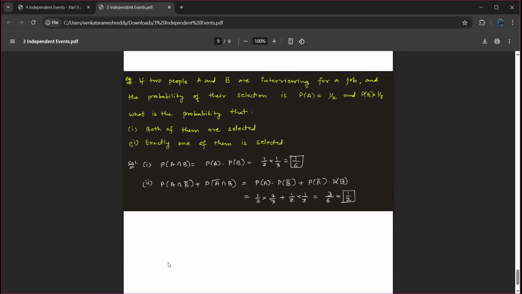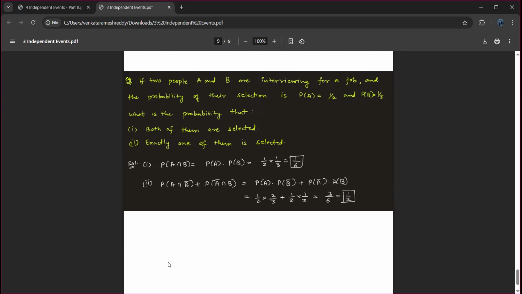Suppose person A is not selected, there is no guarantee that the other will not be selected; he may succeed. Suppose the first person is selected for the interview. We cannot guarantee that the second person cannot be selected. So he may also be selected. That's why there is no dependence between the first person and the second person, so they are independent of each other.